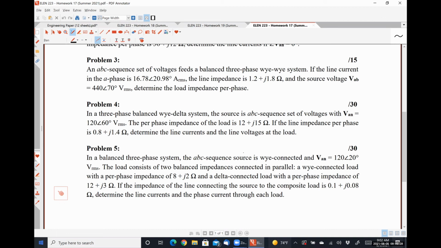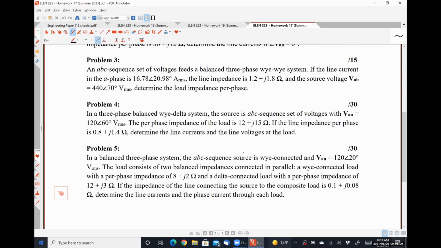We have a line voltage at the source, and we know how to convert that to a phase voltage at the source. We have enough information to get the voltage drop over the transmission line, and the voltage at the source minus the voltage drop across the transmission line gives us the voltage over one phase of the Y connected load. So we now have the voltage across the load and the current flowing through the load, and the ratio of those two things is the impedance. From a single phase equivalent circuit perspective, that's a pretty straightforward problem.